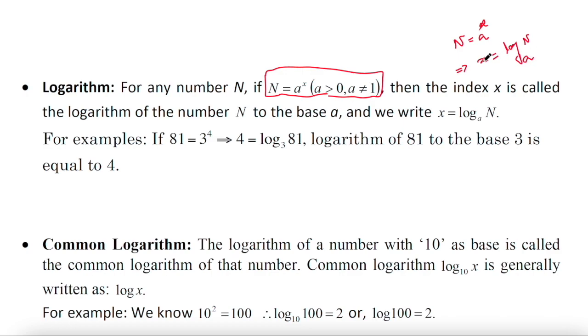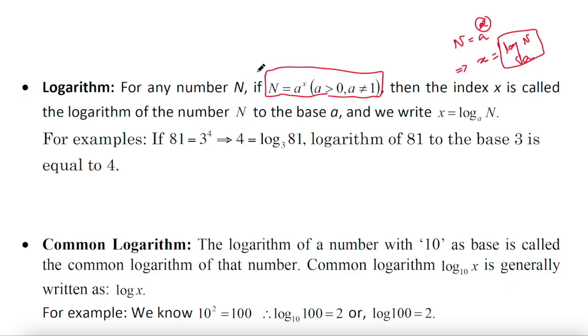So this is called logarithm. This x is called logarithm of this number n to the base a. We should read this as logarithm of n to the base a. We should not say logarithm of a base n. Instead, we should say log n to the base a.